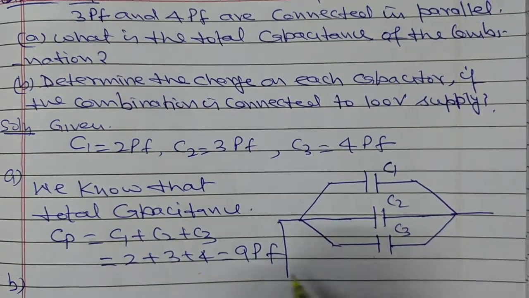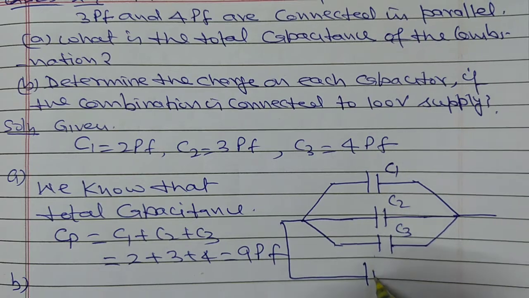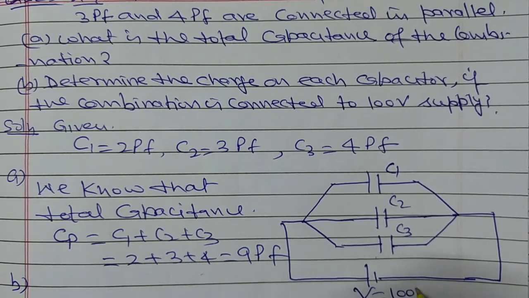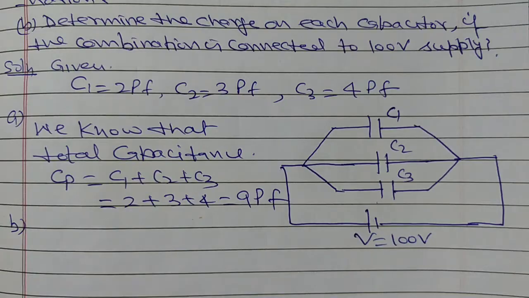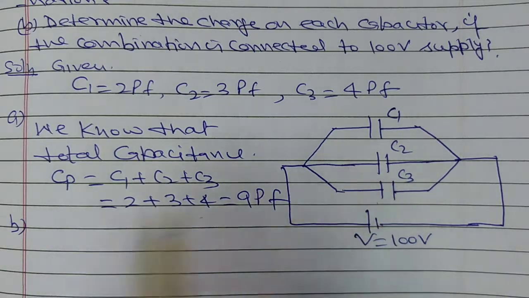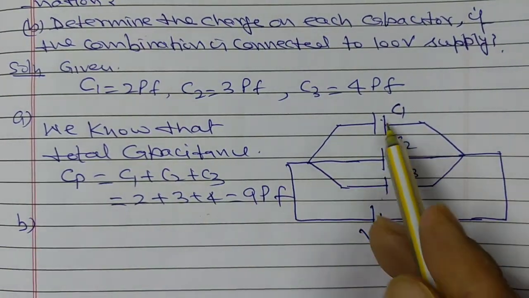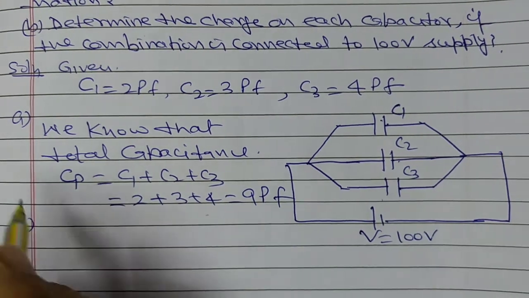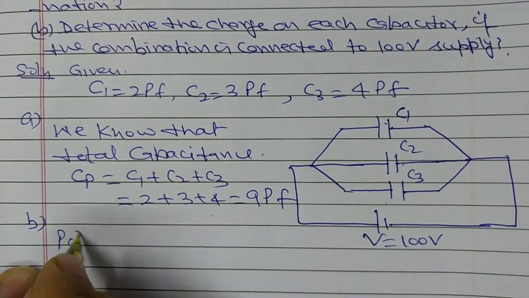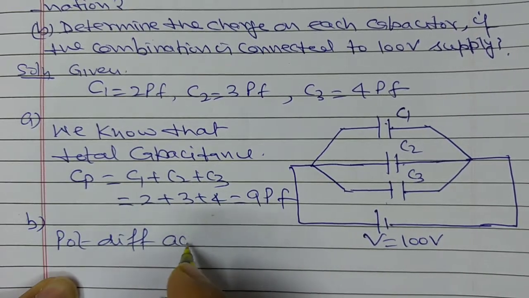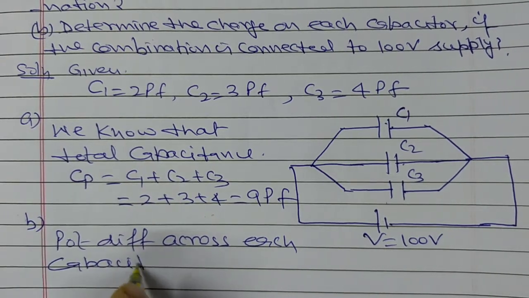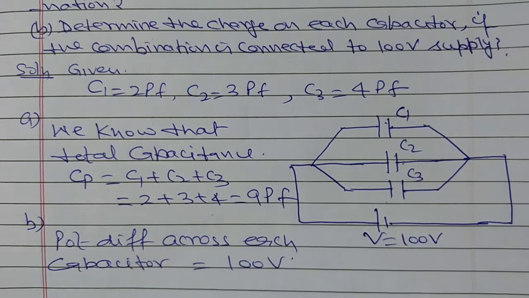If we join a 100 volt supply here across this combination, 100 volt supply, V is equal to 100 volt, then हमें चार्ज चाहिए, चार्ज ऑन ईच कैपेसिटर. बट हेयर फर्स्ट ऑफ ऑल हम इसके अक्रॉस कैपेसिटर C1, C2 और C3 के अक्रॉस पोटेंशियल डिफरेंस देखते हैं. तीनों कैपेसिटर्स पैरेलल में हैं, तो potential difference across each capacitor is equal to 100 volt.